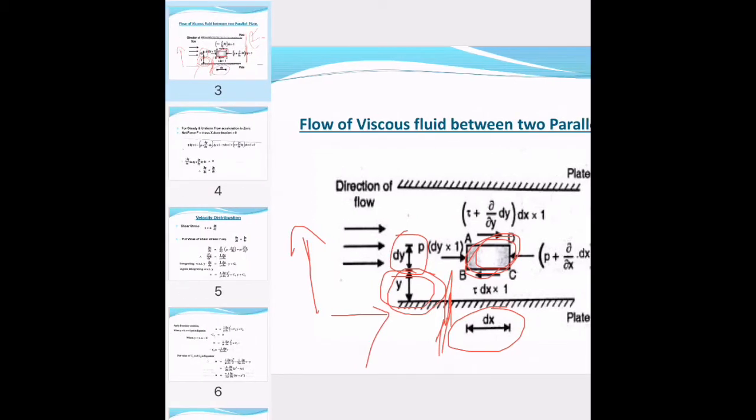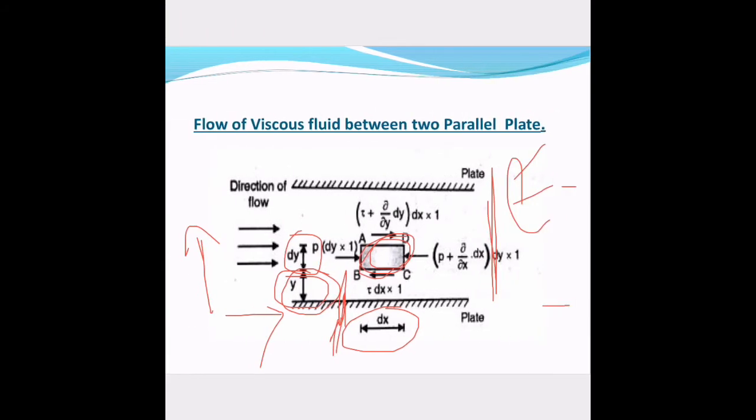The pressure force acting on the wall AB is given by P into dy into 1. As you know, pressure is force per unit area, so force equals pressure into area.